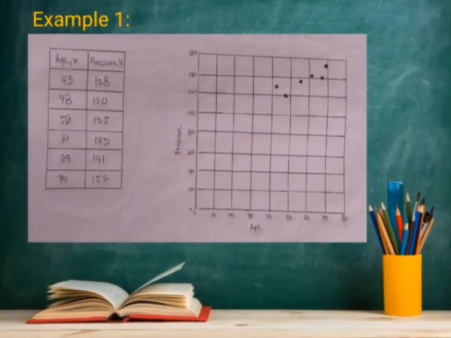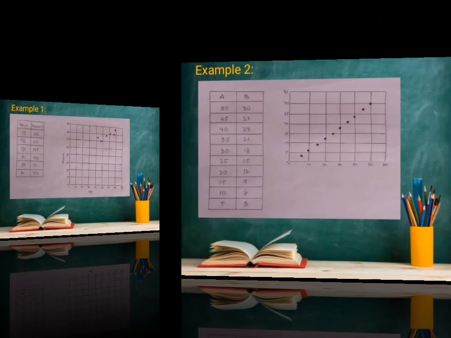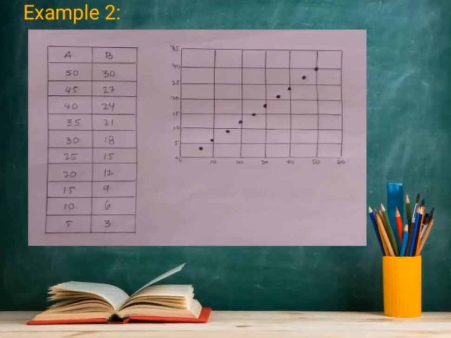Example number 1. Construct a scatter plot for the given data using Microsoft Excel. Ito yung makikita natin, yung mga dots na mga ganito. Considering the following example, we have column A and column B. So I will try to construct the scatter plot using Microsoft Excel.